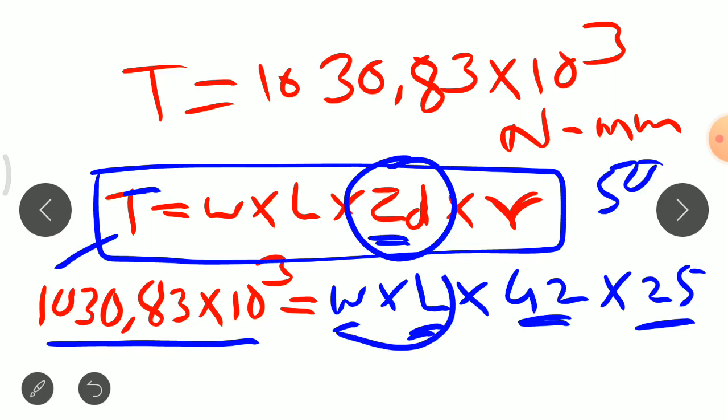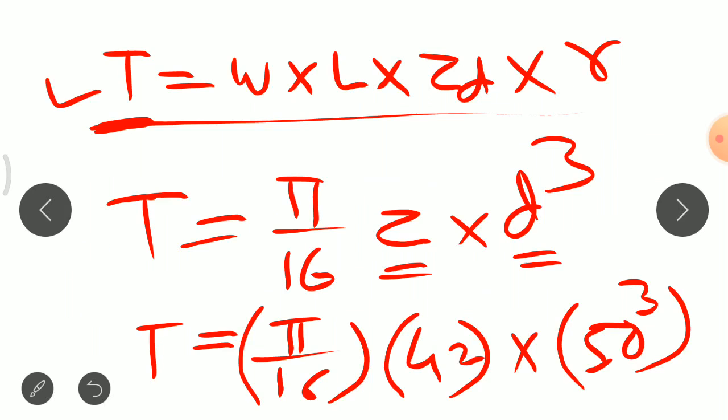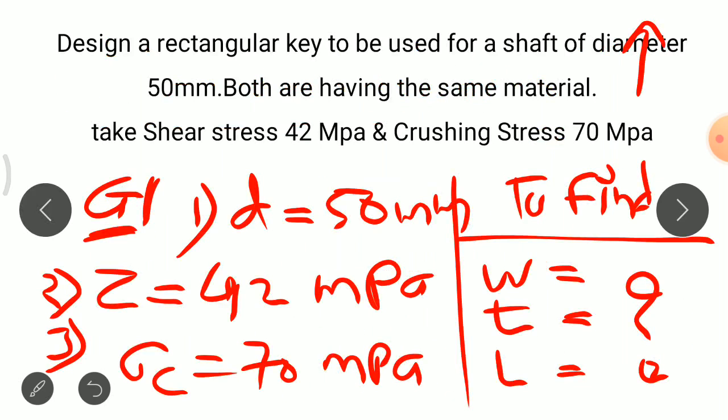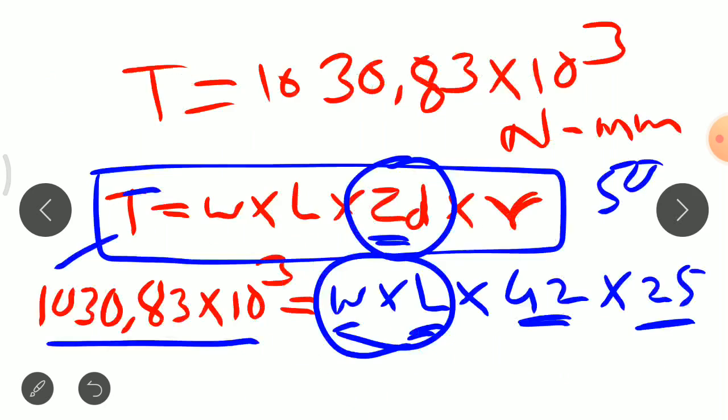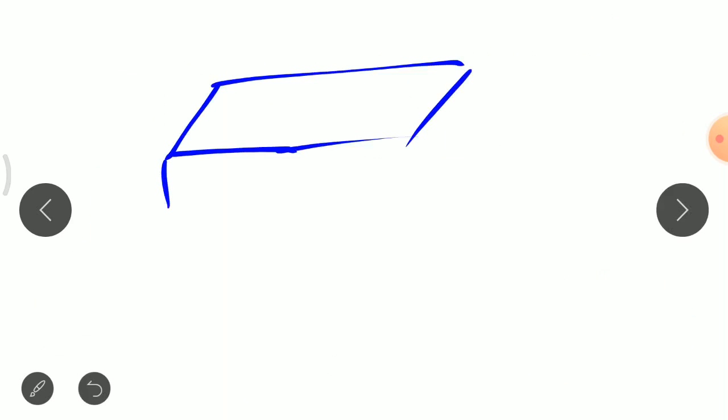But we don't have two quantities, width and length. We do have one relation: the key is a rectangular one, and when the key is rectangular, the thickness and width have some proportions.